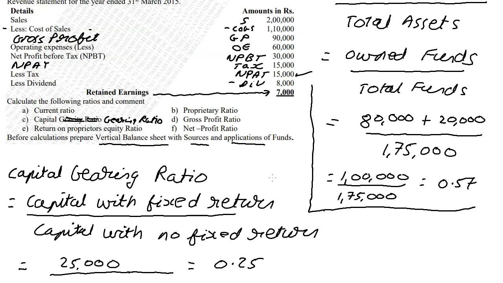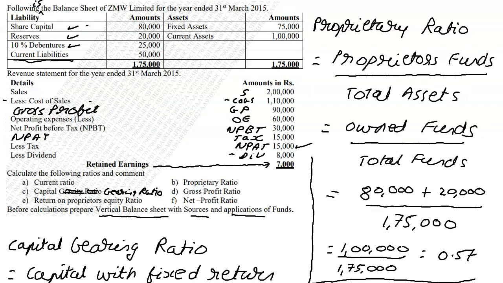Now, are we missing anything? Net profit ratio. Net profit ratio is straightforward. We have net profit after tax, and we have sales.